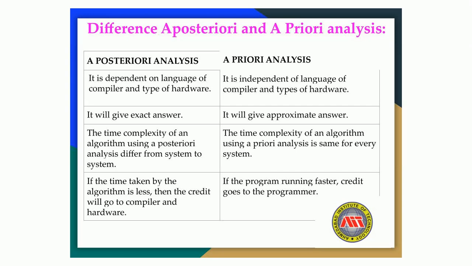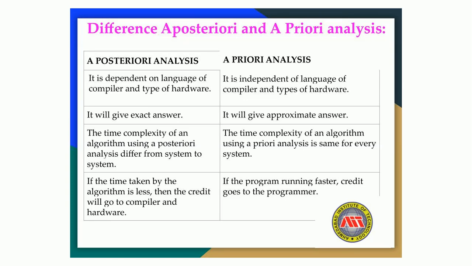So when it is implemented, it will give the exact answer, but in a priori analysis it will give an approximate answer. Fine. And the time complexity of an algorithm using a posteriori analysis differs from system to system.